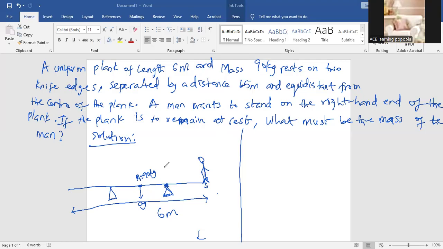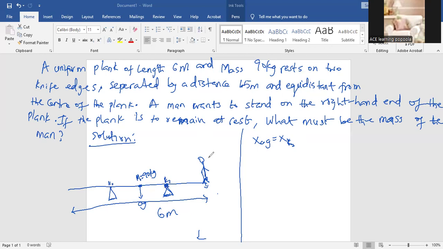Now, it means that the new center of gravity should be on this knife edge. So I'll use K to represent the knife edge, so this is K2 and this is knife edge 1. The center of gravity should be at this point if this man is to be able to balance.